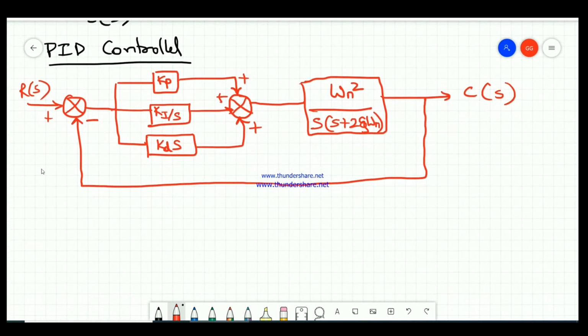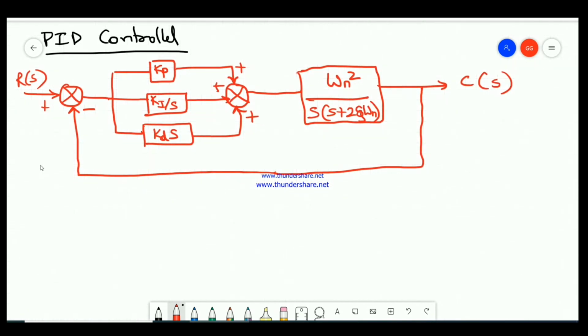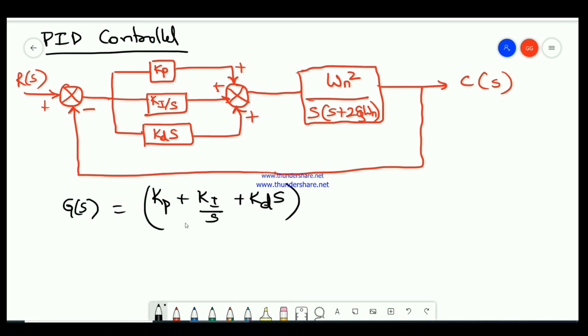Now we write what is G of s equals. So G of s equals Kp plus Ki by s plus Kds, multiplied by omega n square divided by s into s plus 2 zeta omega n.